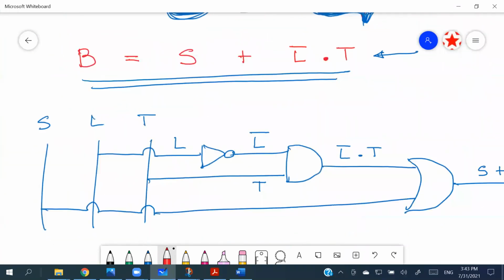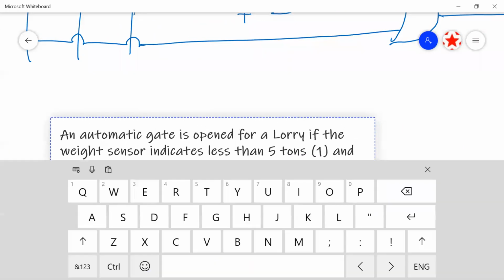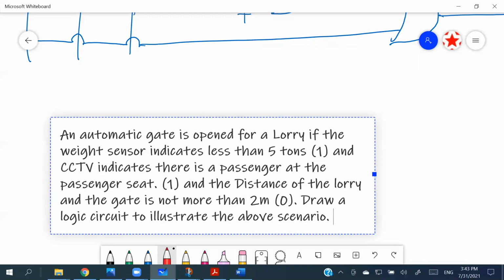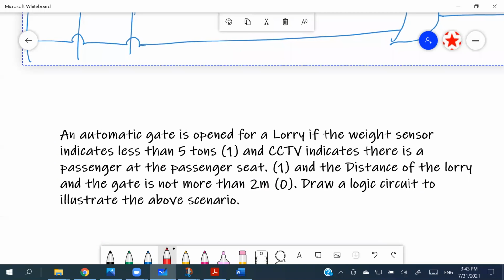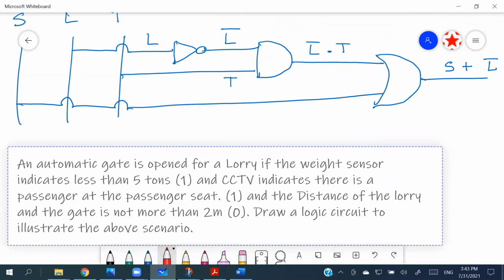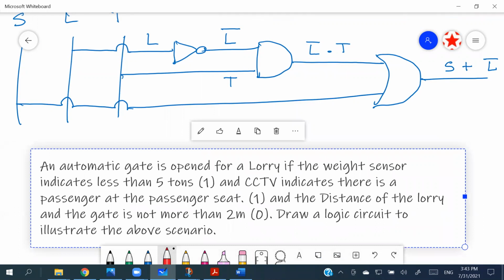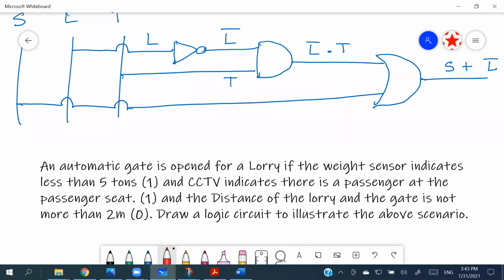All right, here comes the next question. Right, give it a try, people.